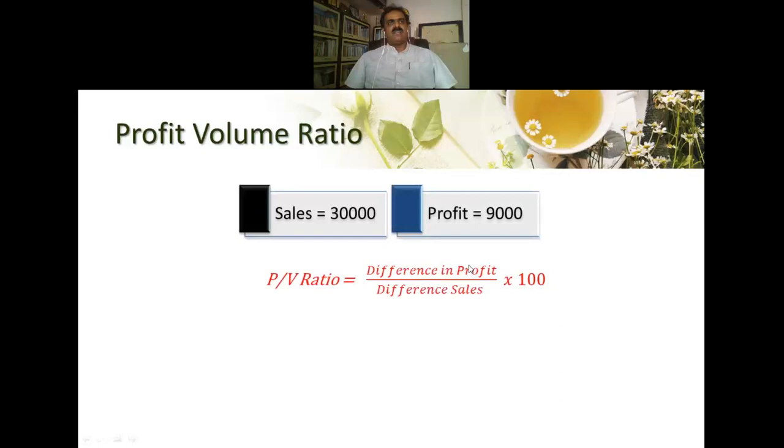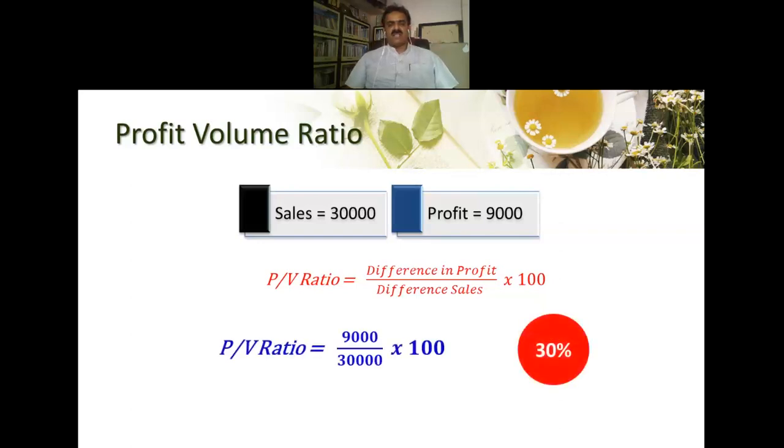If the values have been identified based upon the differences, or the changes, then the formula for calculation of the PV ratio is difference in profit divided by difference in sales into 100. The difference in profit is 9,000 and the difference in sales, that is the change in sales, is 30,000. So 9,000 over 30,000 into 100, you get a PV ratio of 30%. So this is another formula for calculation of the PV ratio.